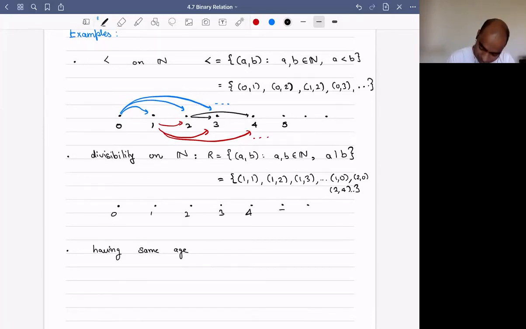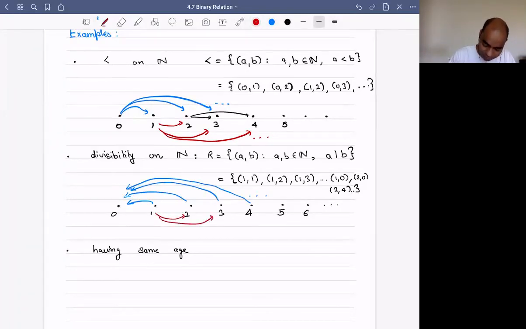But I can draw an approximate graph, and the graph will look something like this. Everything divides 0, so that gives you arrows going into 0. 1 divides everything, so that gives me arrows going out of 1 to everywhere. I already have captured the arrow to 0.